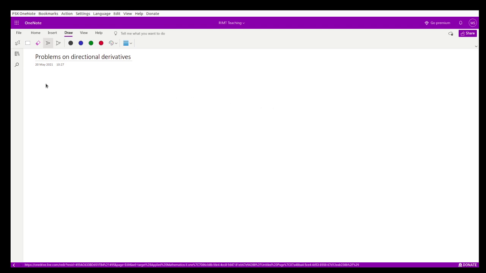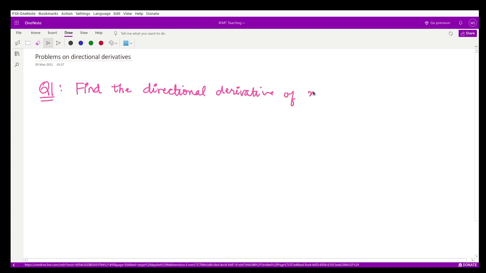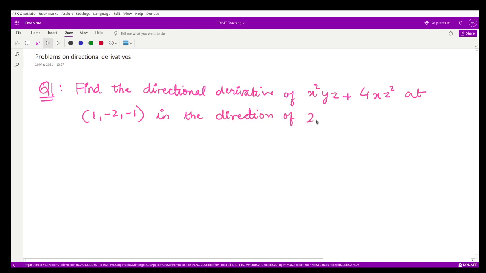So here, the first question is, we are to calculate the directional derivative of x square yz plus 4xz square at the point 1, minus 2, minus 1 in the direction of 2i cap minus j cap minus 2k cap.